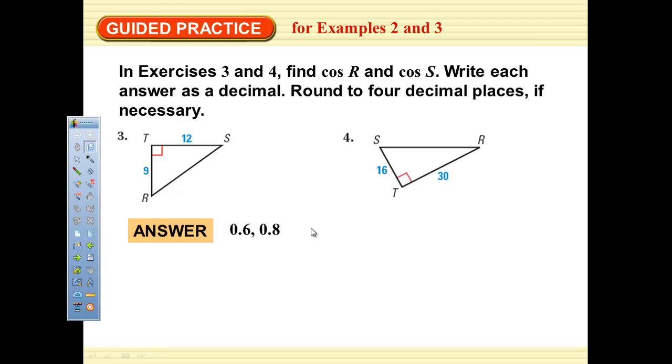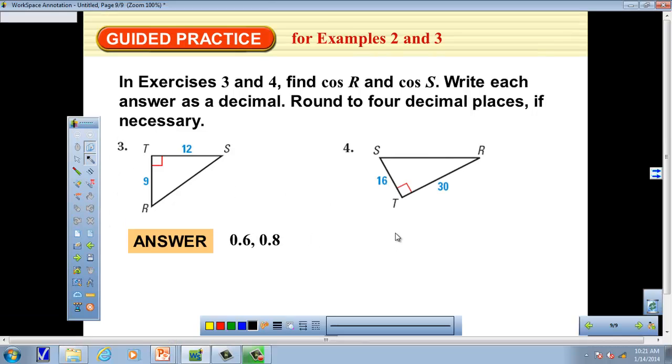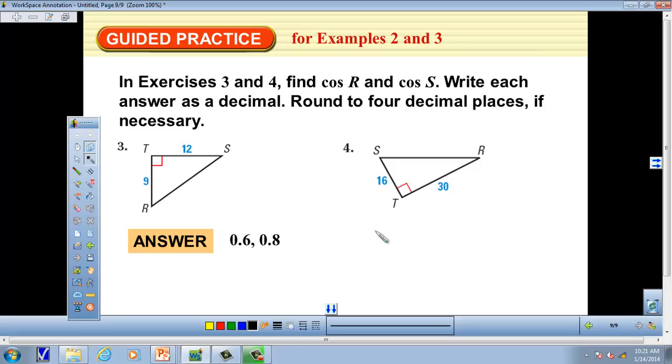Okay, here's another one. For this one, we still don't know the hypotenuse, so we're going to have to use, it looks like, the Pythagorean theorem this time.